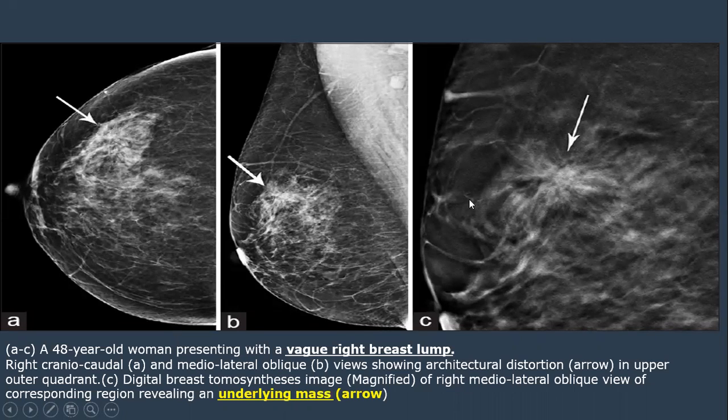See, and look how tomosynthesis demonstrates a spiculated mass in this area. This is seen only as asymmetry with architectural distortion on 2D, and this is how it is appreciated on the tomosynthesis.